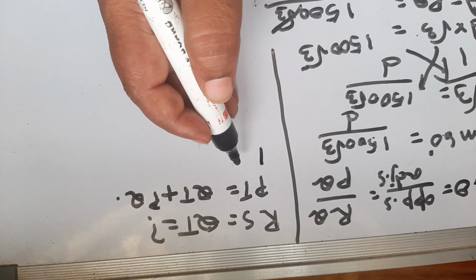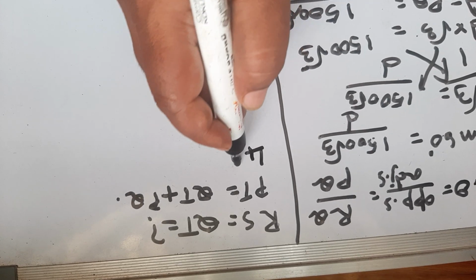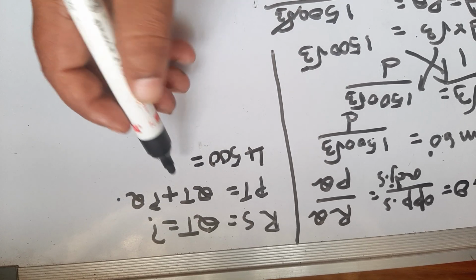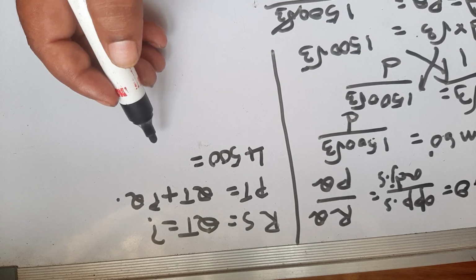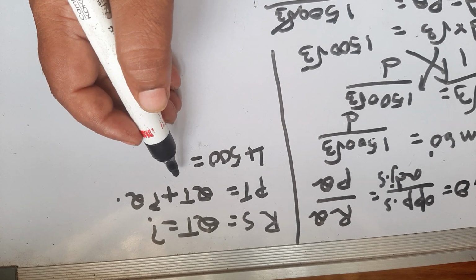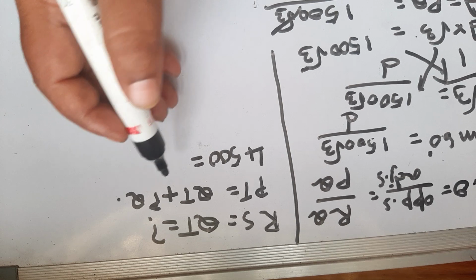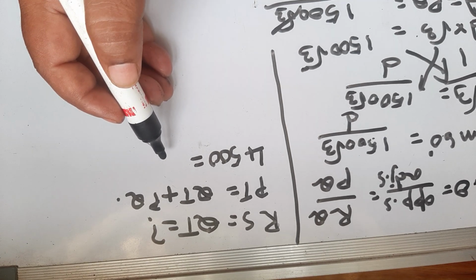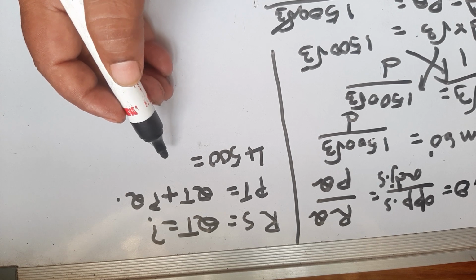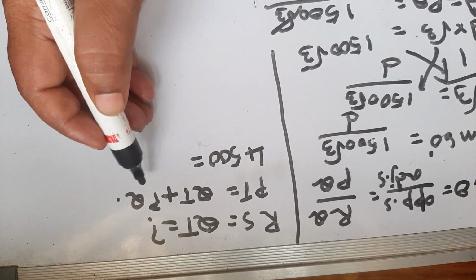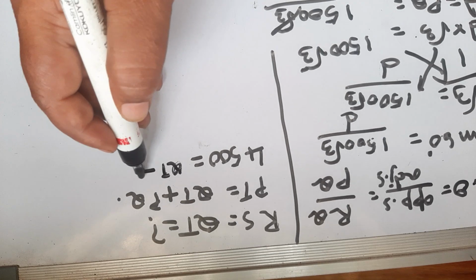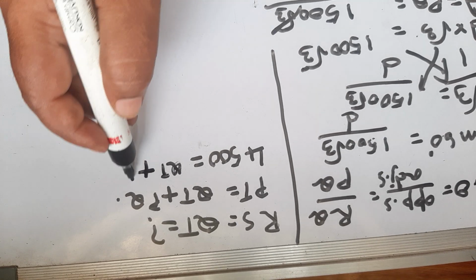PT is 4500, and QT is nothing but RS. The PQ distance we got is 1500.